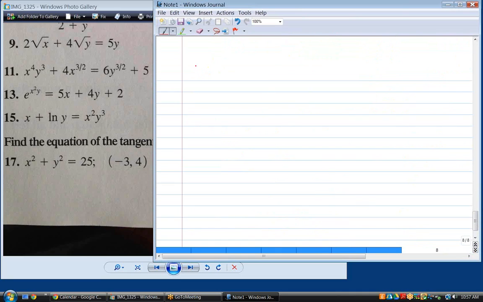All right, first of all, let's implicitly differentiate it so we can figure out what y prime is. Go ahead, I won't write it from scratch. This is simple enough. So it would be 2x plus 2y, and then y prime, then equals 0.